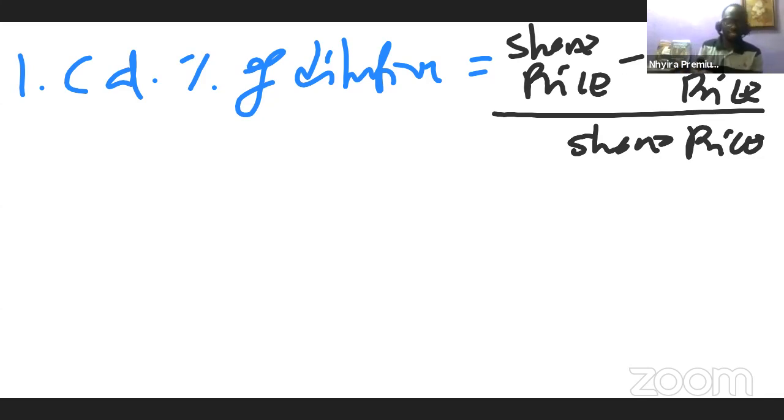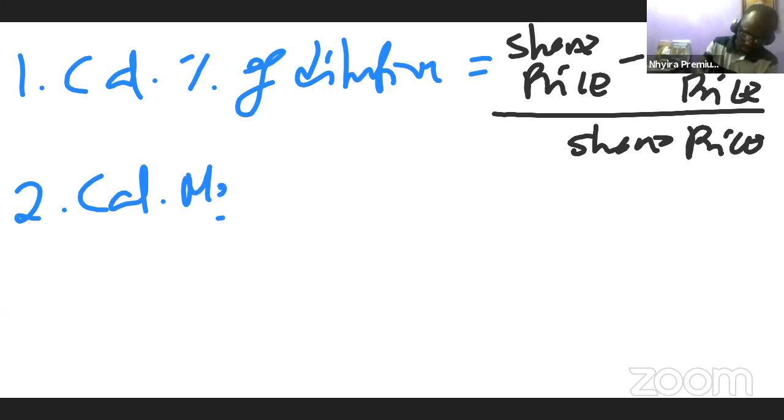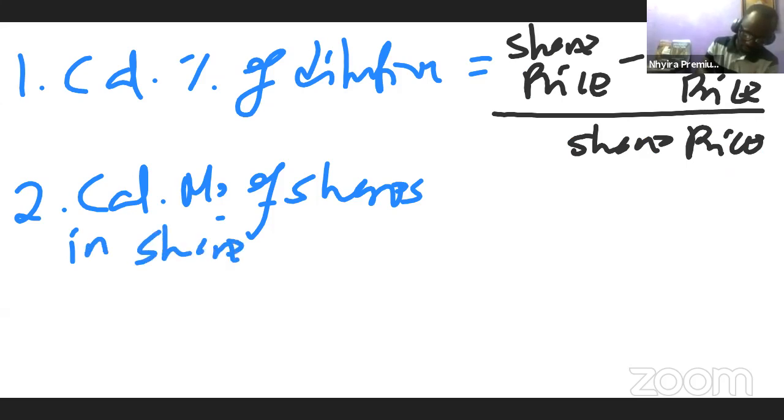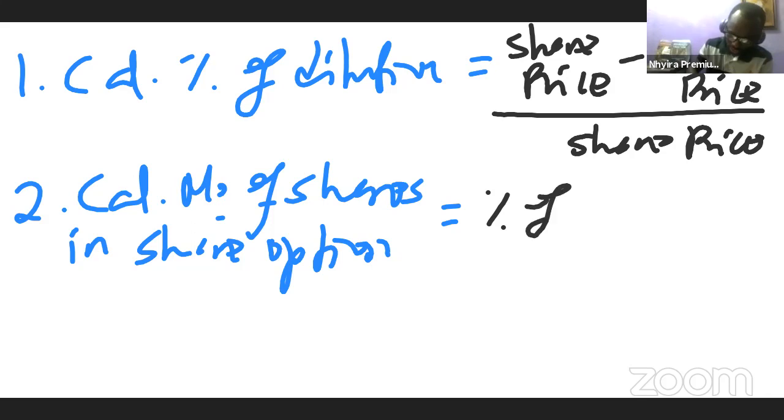Once we calculate that, we come to step 2, and we calculate the number of shares in the share option. How do we do that? The number of shares in the share option is simply going to be the percentage of dilution, which we computed in step 1, multiplied by the share option.